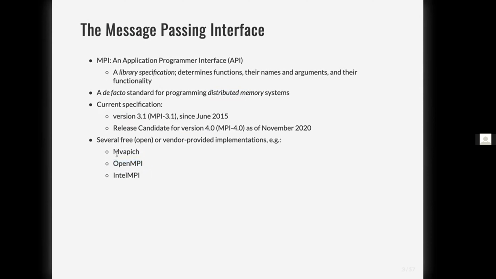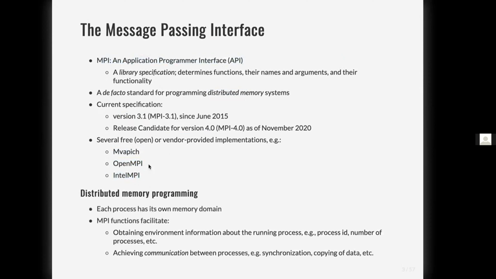All these, including Intel MPI, are implementations of MPI. Somebody else wrote a library based on this specification each time, and that's why they have different names. Intel, for example, has its own implementation of MPI, which presumably might have some optimization specific to their systems.